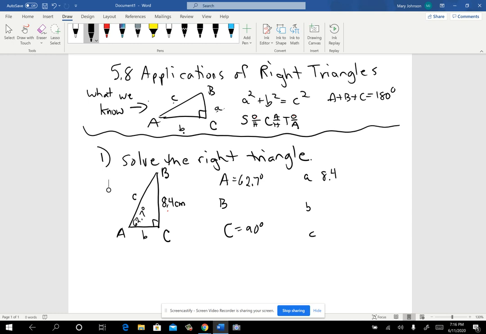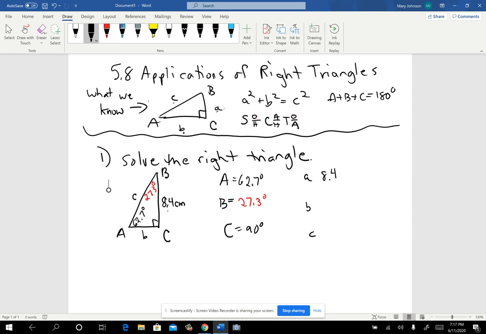So you can just take 90 and subtract the 62.7, and that would be 27.3 degrees. That's something new we were able to find. By the way, A and B are always complements of one another; they always add up to 90 if we're in a right triangle.